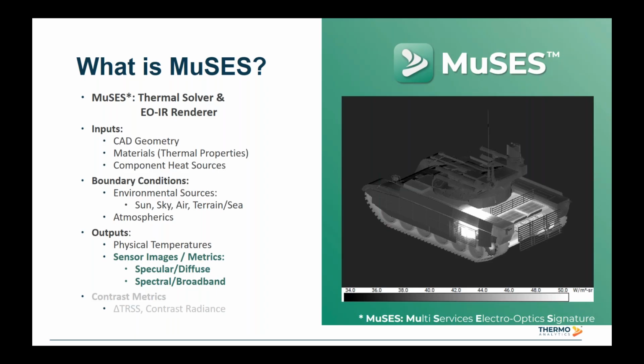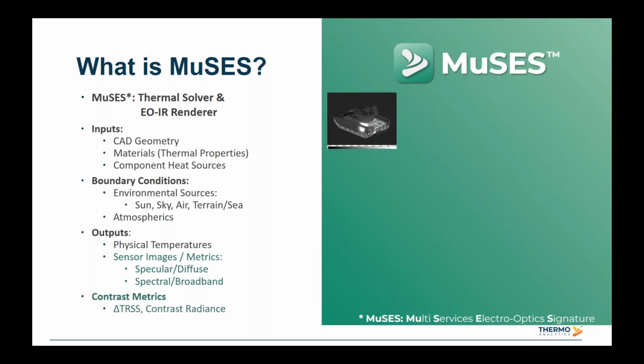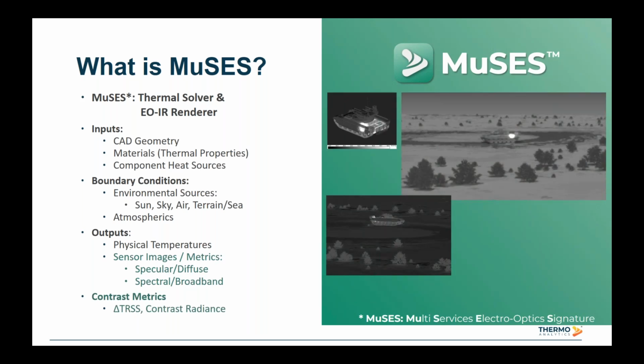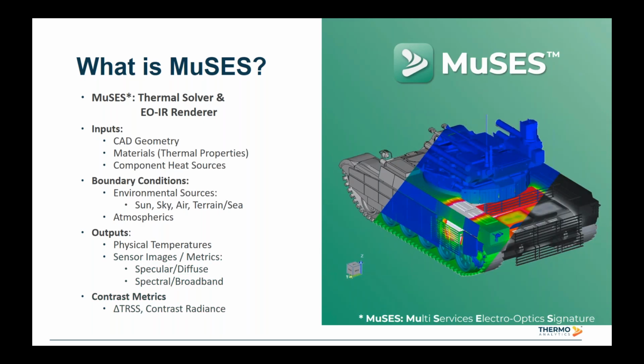And so we can predict what a sensor platform would see with a certain field of view and range and so forth. And then moving beyond just that, we also can have more complicated scenes where, beyond just the object itself, there can be a complex scene, and we can look at the contrast of the object against its scene and so forth. So, this is just a high-level description of what MuSES is, so you have that in mind as we go forward and apply this to satellite simulation.